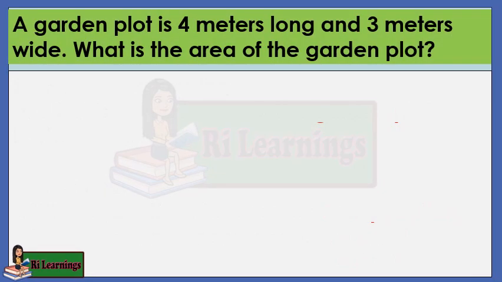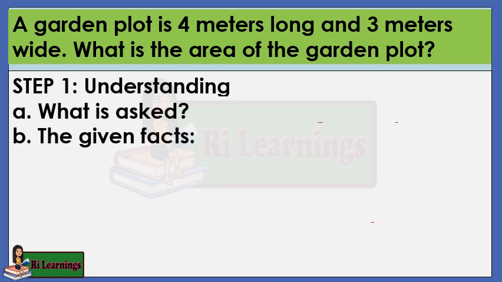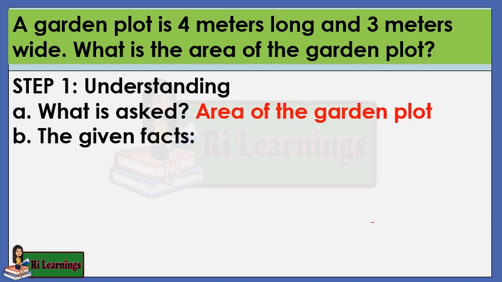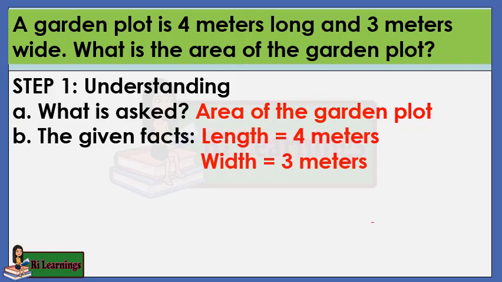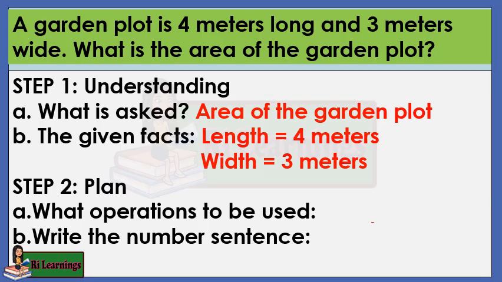A garden plot is 4 meters long and 3 meters wide. What is the area of the garden plot? Step 1. Understanding. A. What is asked? Area of the garden plot. B. The given facts. Length equals 4 meters. Width equals 3 meters. Step 2. Plan.